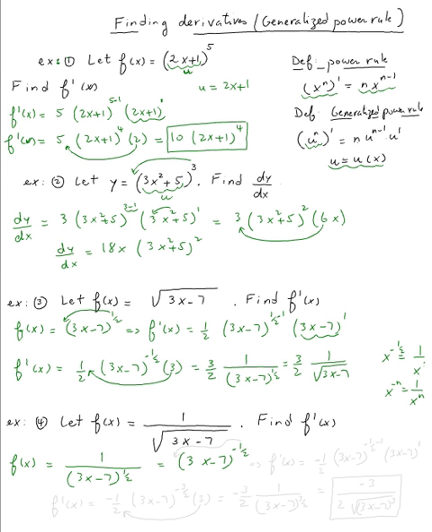Now to find the derivative, the negative 1/2 comes here, the generalized power rule, so negative 1/2 times (3x minus 7). Now negative 1/2 minus 1, let me do it in 2 steps. And then don't forget the derivative of the inside, of the u. Now f prime of x is equal to negative 1/2 times (3x minus 7) to the negative 1/2 minus 1, which is negative 3/2. And the derivative of 3x minus 7 is 3.